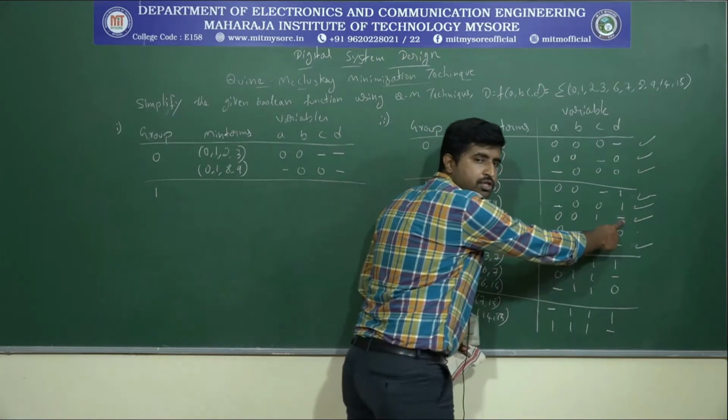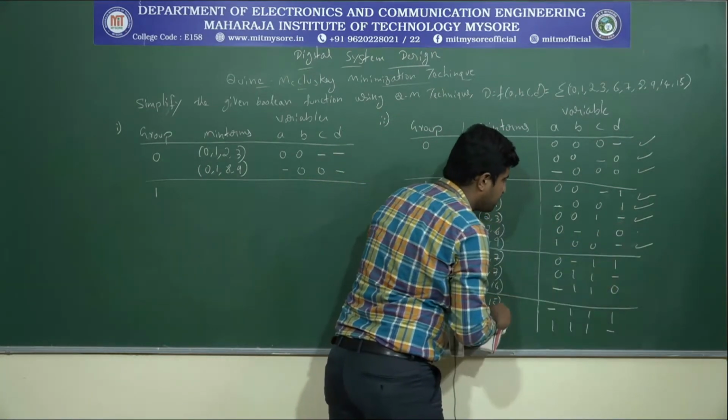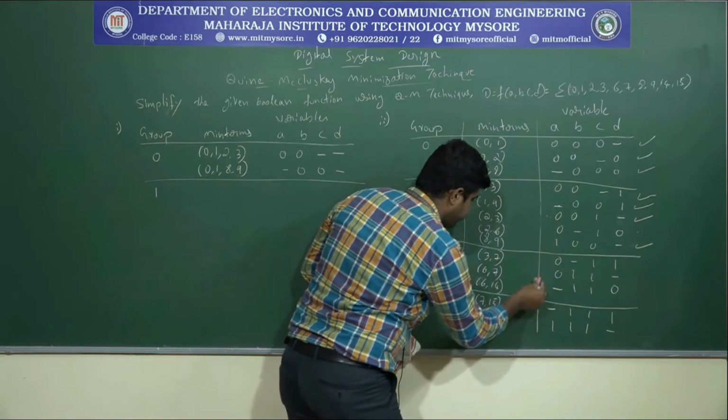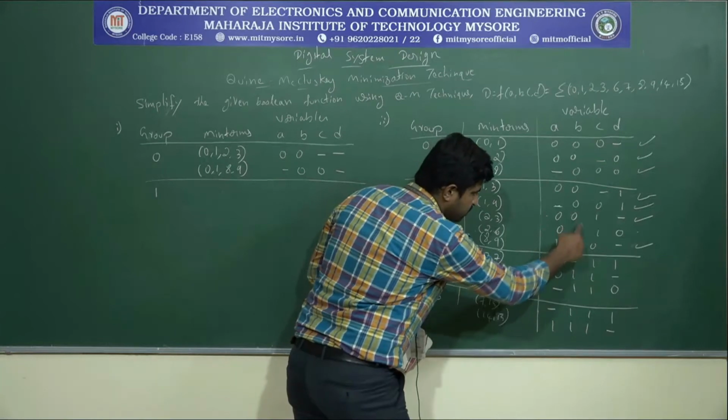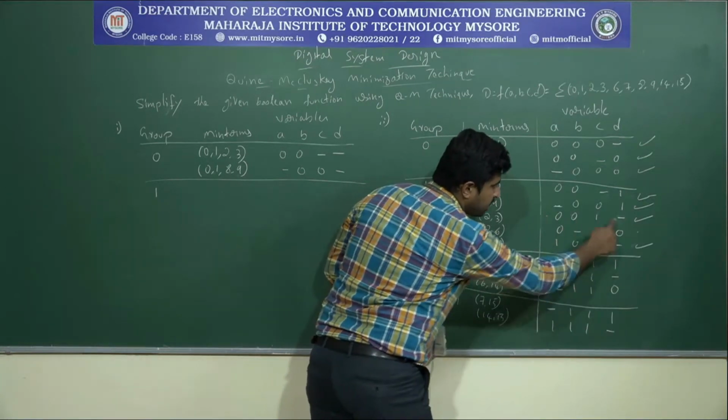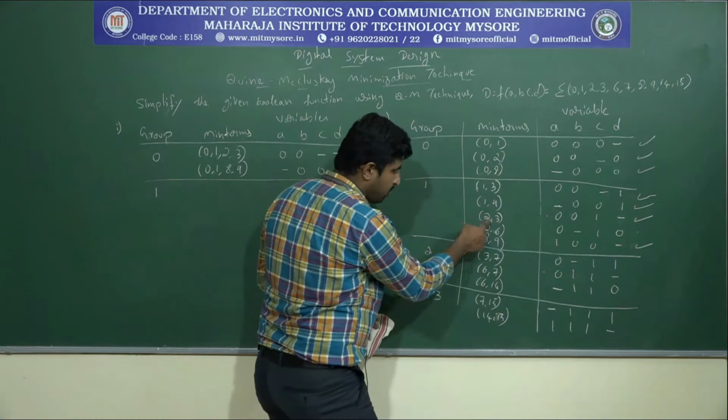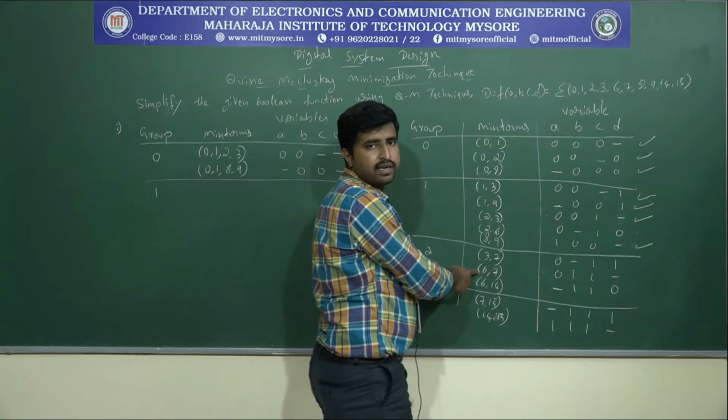The last position is a dash, so 2, 3 can be compared with 6 and 7. 0, 0, 0, 1, one variable changes, so we can group 2, 3 with 6, 7.